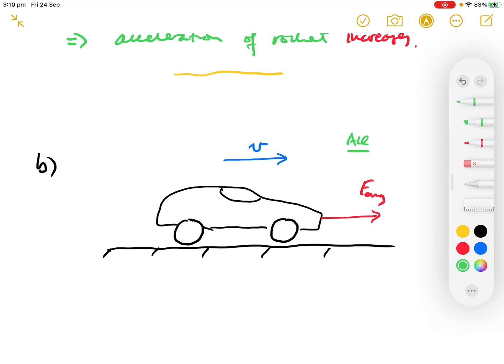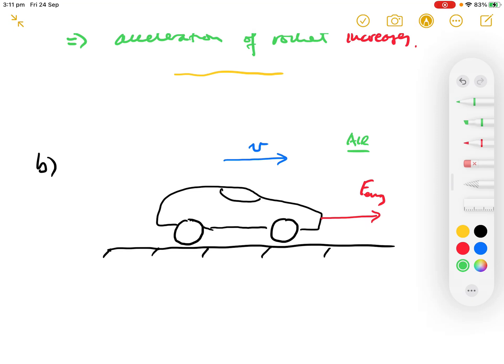Well, basically the car has to push its own volume of air out of the way to get into the new space. So if the car wants to move 1 meter ahead, it has to push a lot of air out of the way to get into that space 1 meter ahead. And that pushing of the air out of the way requires quite a bit of force. So the car has to actually exert a force on the air.